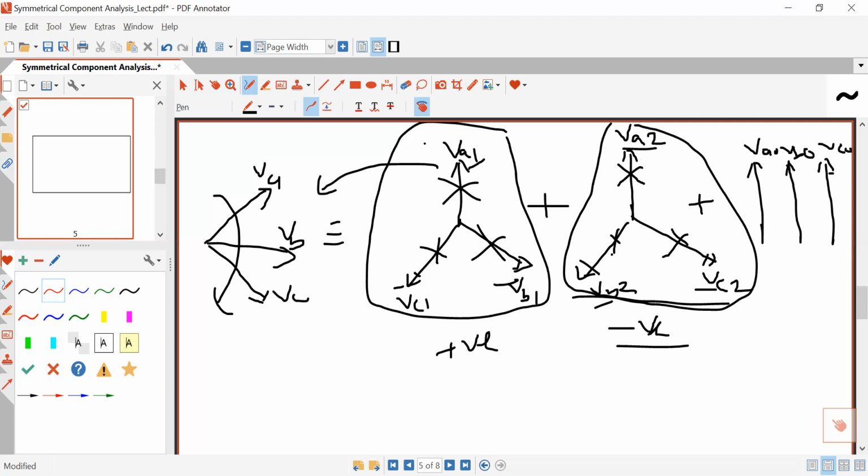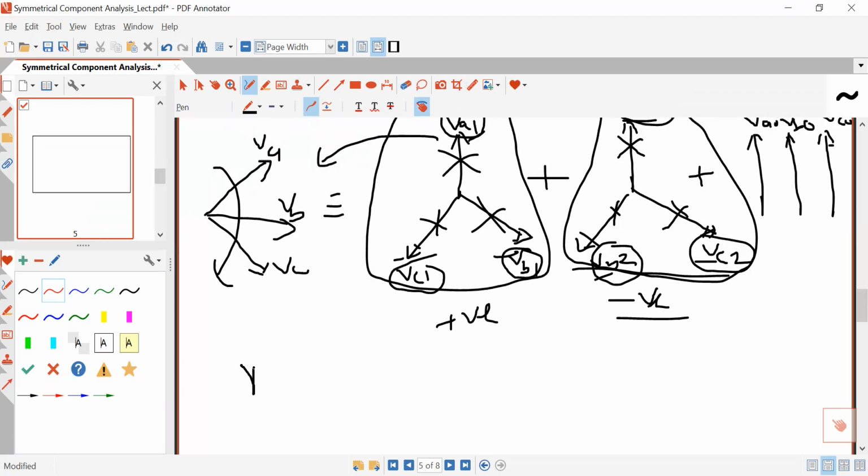You must remember, the length of the vector represents the magnitude of voltage. So in this case, the magnitude of VA1, VB1 and VC1 will be the same. Similarly, in this case, the magnitude of VA2, VC2 and VB2 will be the same. So this is the meaning of a balanced system.